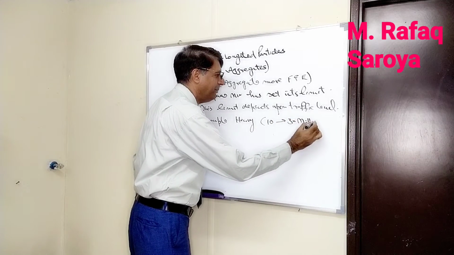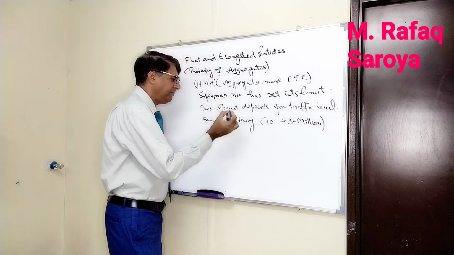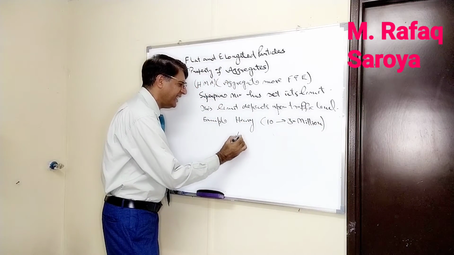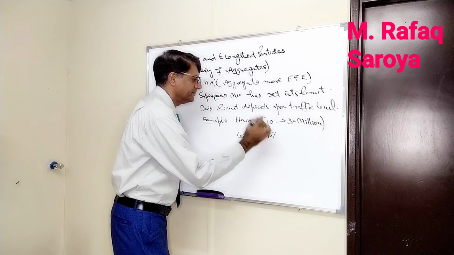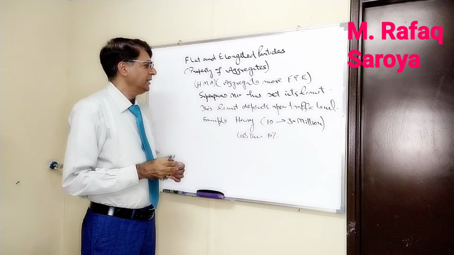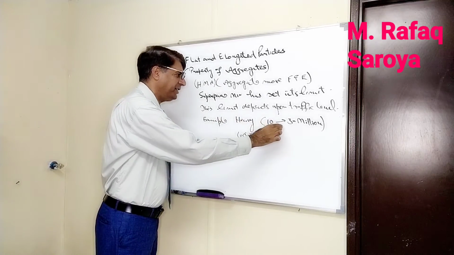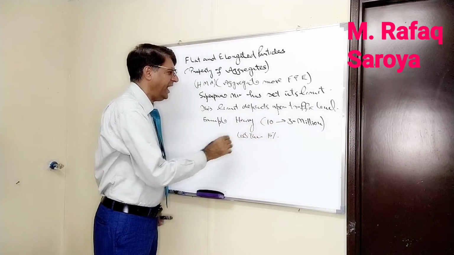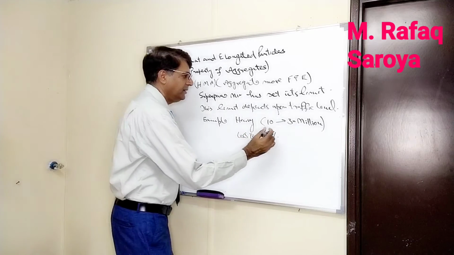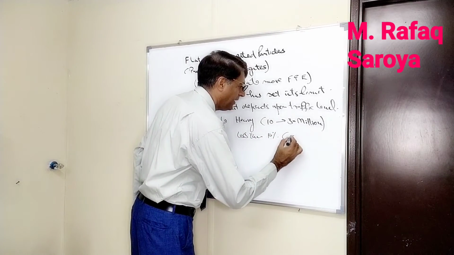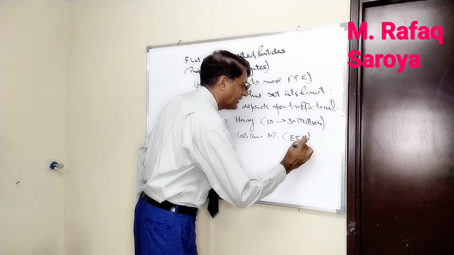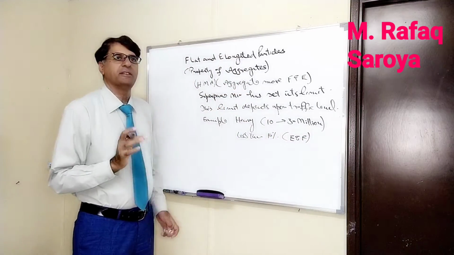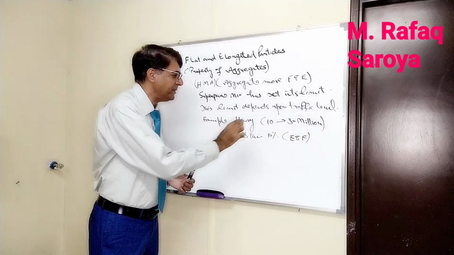In such type of traffic, its value should be less than 10%. So this is the condition. When we are dealing with heavy traffic, the flat and elongated particle amount, F and E, should be less than 10%. So this value has been specified.